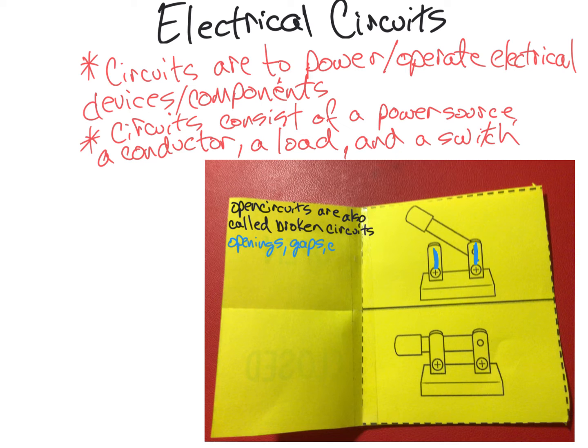Opening or gaps can be caused by, I'm just going to switch ink. They can be caused by, well, hopefully the obvious is switches. They can also be caused by broken wires.